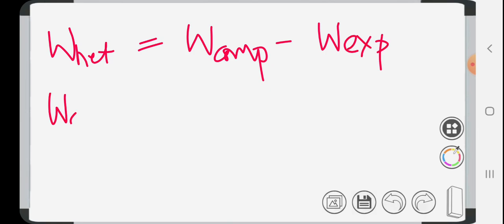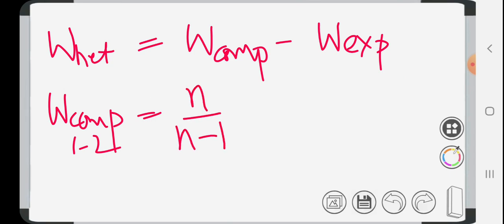In case of compression, since it is a polytropic process, from 1 to 2, the polytropic index is n. You have already studied the equation for work in case of polytropic compression in your thermodynamics class. If you don't remember, please go back and check.